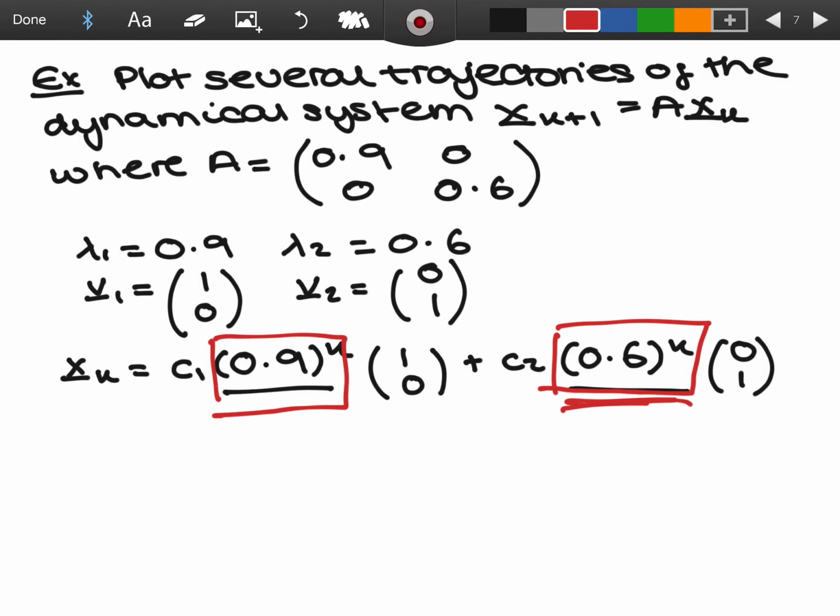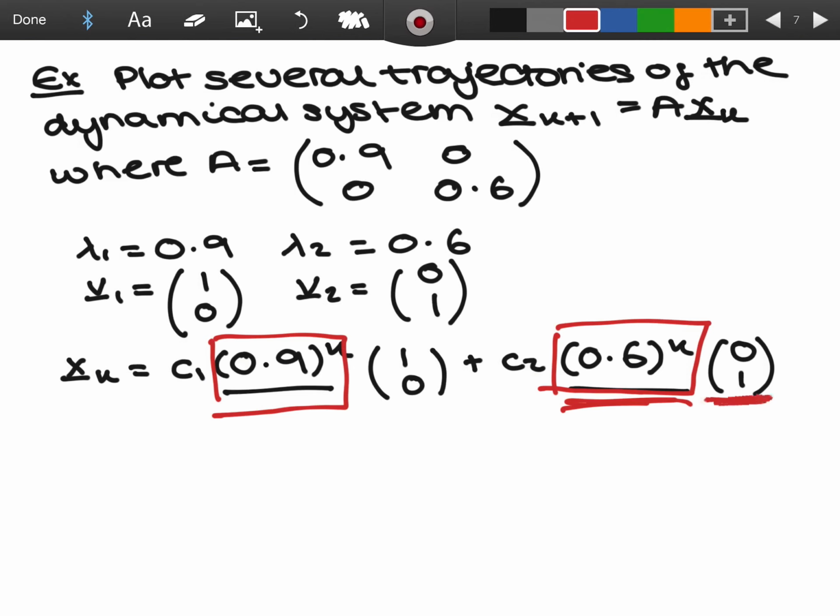So we say that the greatest attraction is along the line that contains the origin and that second eigenvector. That's the line that's going to go to 0 the fastest.